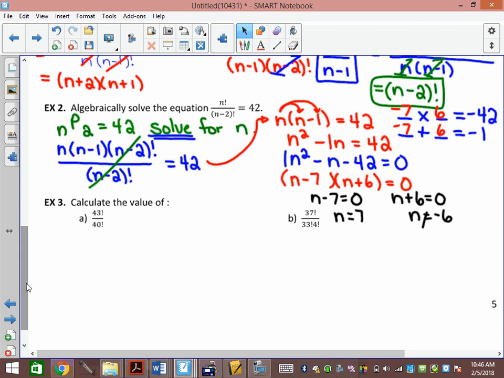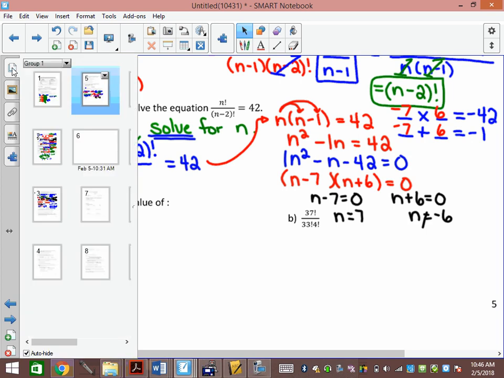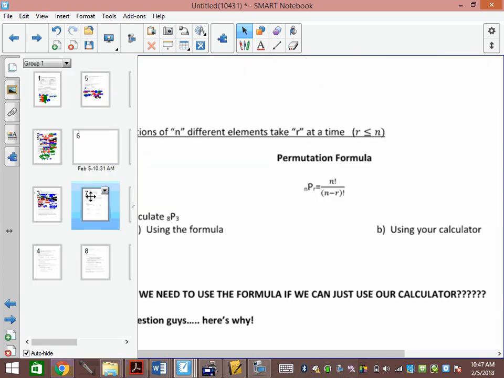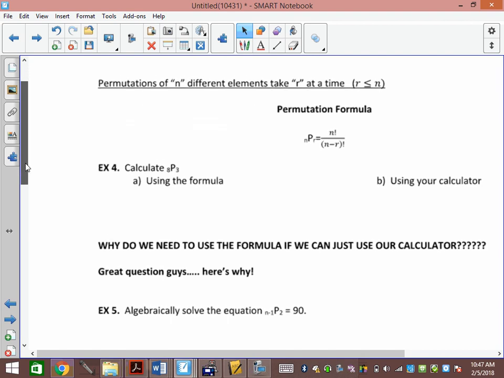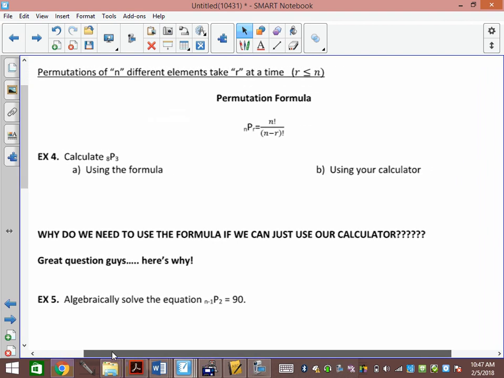It's a tricky button. It's right beside the 1. Okay, we're going to flip over to the next page. So that was leading us into these next pages. The next page says permutations of n different elements taken r at a time.